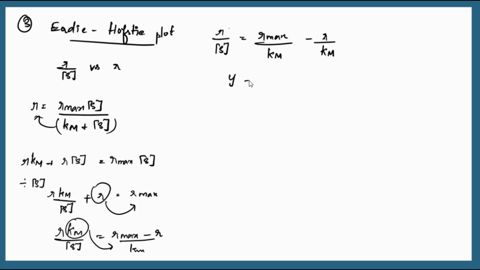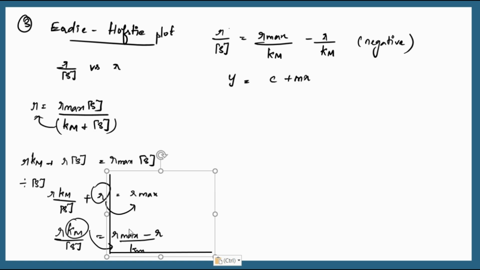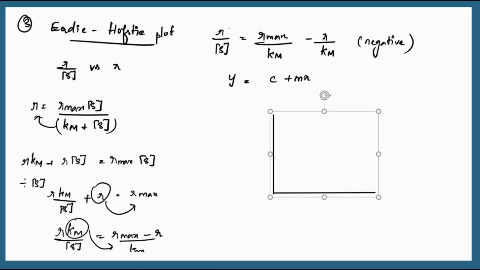This is the Y equals C plus Mx formula. Basically this is a negative slope. If you plot R by concentration of S versus rate, the intercept is R max by Km, and it is a decreasing line, so it is going to be like this.